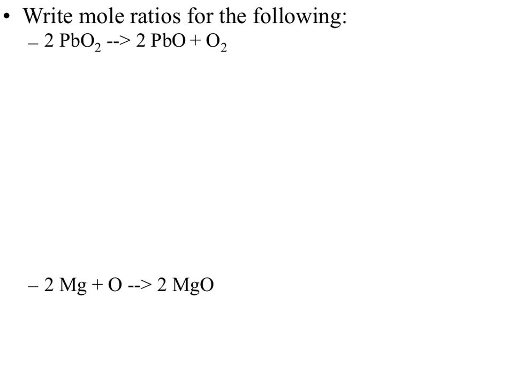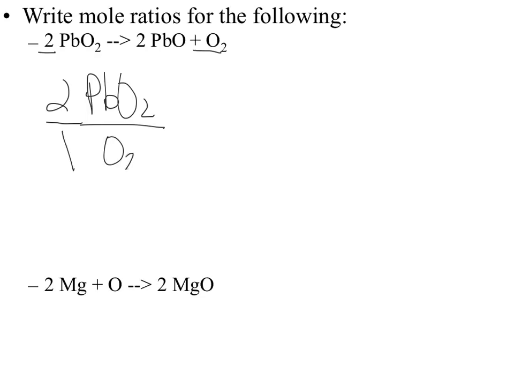So let's write some mole ratios for these problems. If we're going to compare our lead oxide, we've got 2 from our coefficient out in front compared to our 1 mole of oxygen.